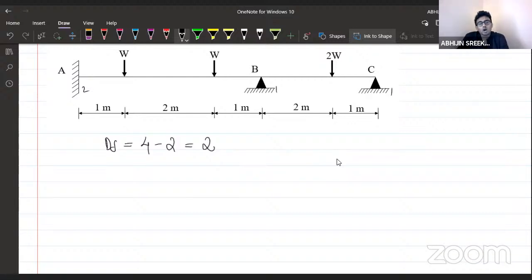Tell me, how many plastic hinges are required to form a mechanism? This is also a question. The number of plastic hinges to form a mechanism, how many are required?